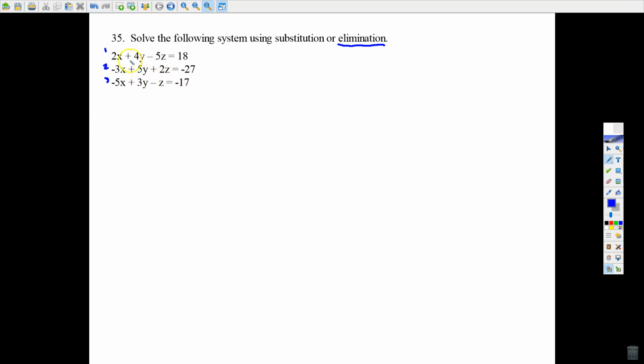Okay, so here I go. I'm going to do equation 1 paired up with equation 3, and then over here I'm going to do equation 1 again. One of the equations will have to be used for each pair.